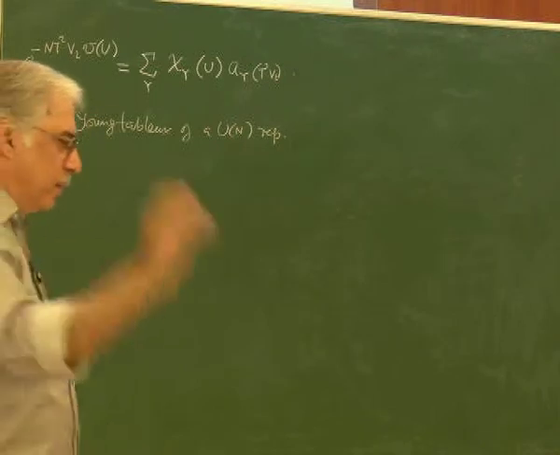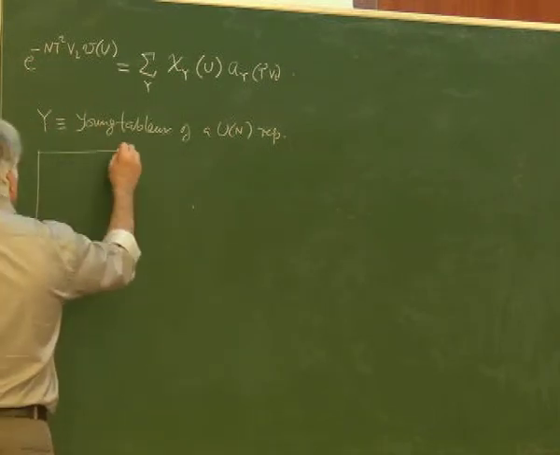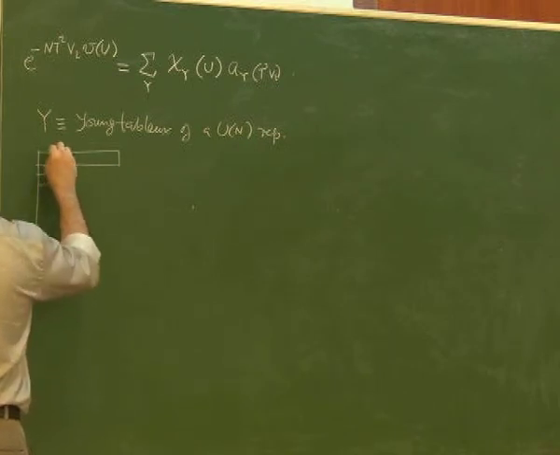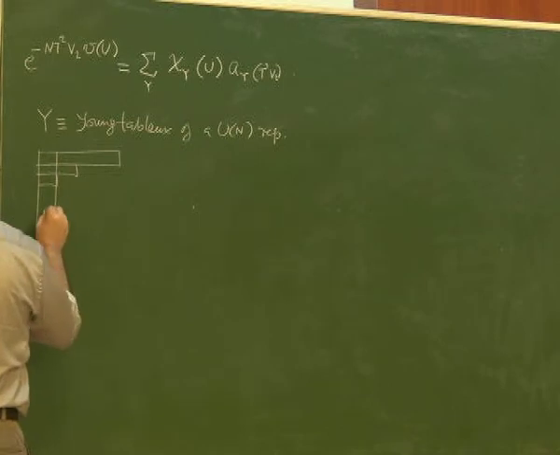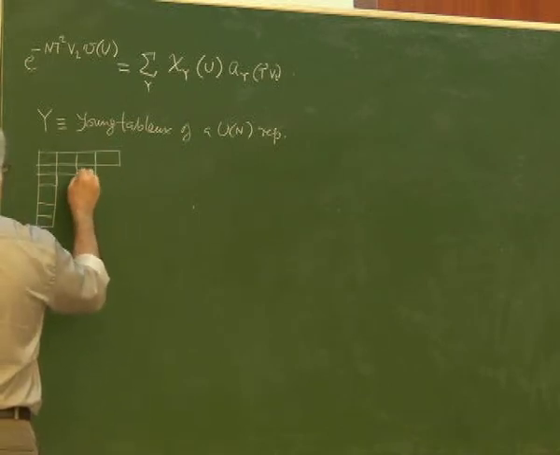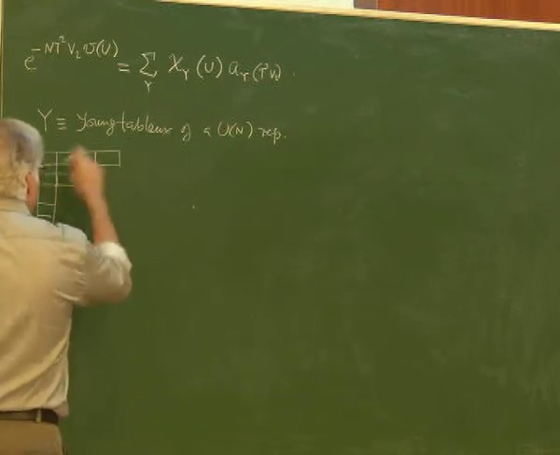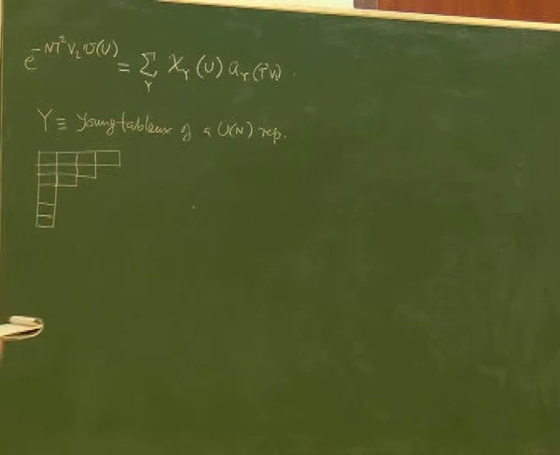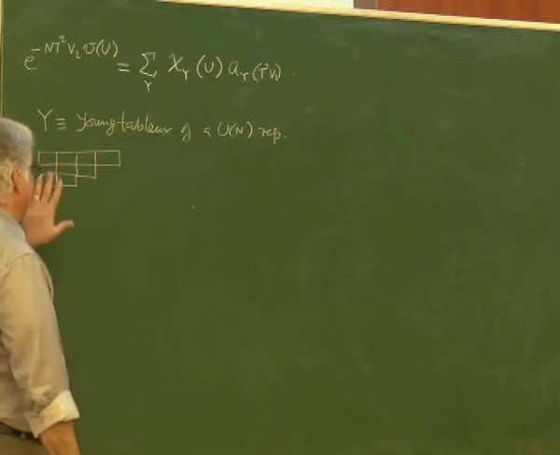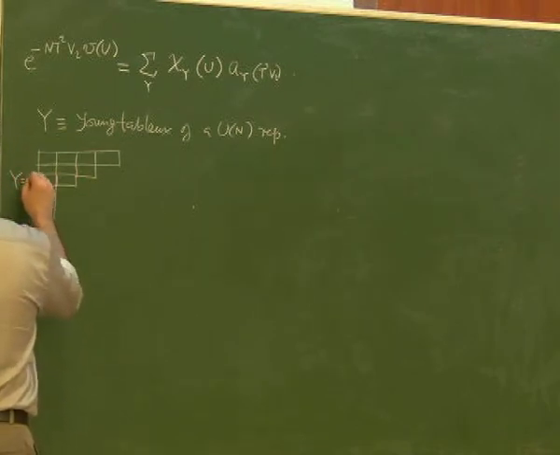Don't worry about what it all means. Young tableau, you know what it means. It's something like this. And it has a certain number of boxes in the columns and the rows, and this is all related to the representation theory of the unitary group.